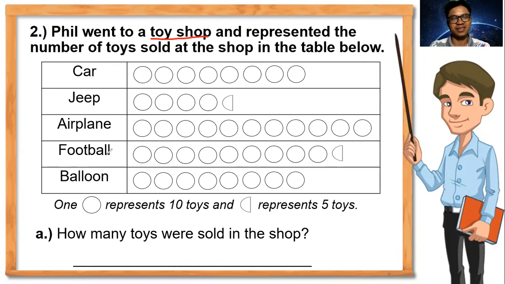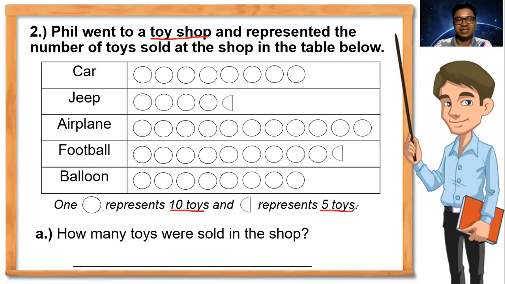You can see here we use the circle to represent the number of toys sold. One circle represents 10 toys. A semicircle, or half, represents 5 toys because half of 10 is 5.